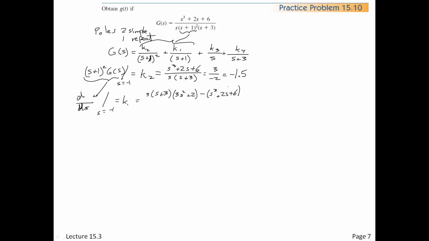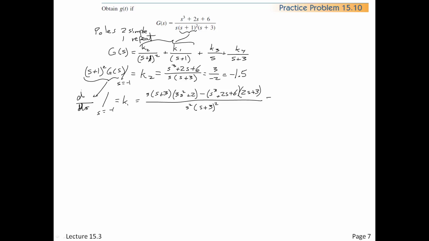Now remember, the s plus 1 quantity squared is not there, so you really have s squared plus 3s. So the derivative of the bottom is 2s plus 3, all over the bottom squared, which is s squared times s plus 3 squared.